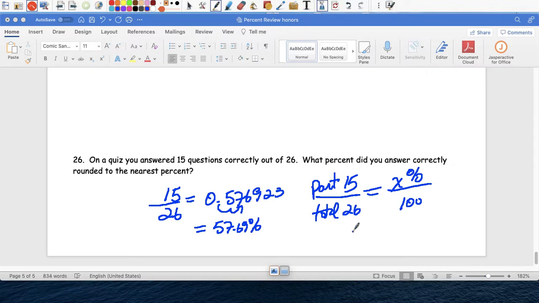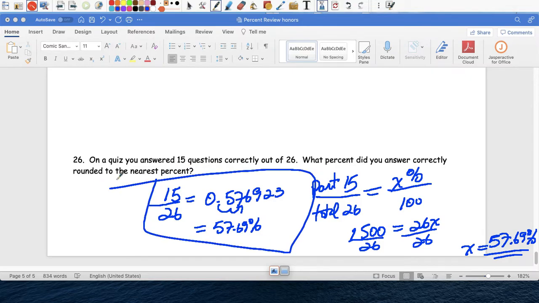You can cross multiply, so you get 1500 equals 26x. Divide both sides by 26, and you get 1500 divided by 26. And notice that you get the same number, 57.69%. So either way, obviously just do it the first way because it's much simpler, and that's your review.